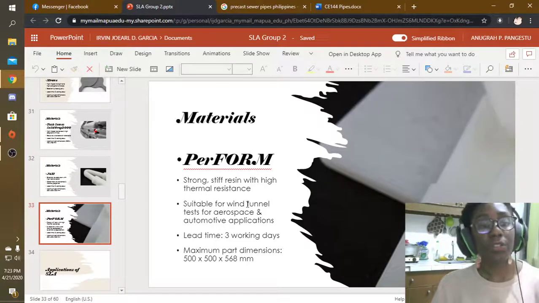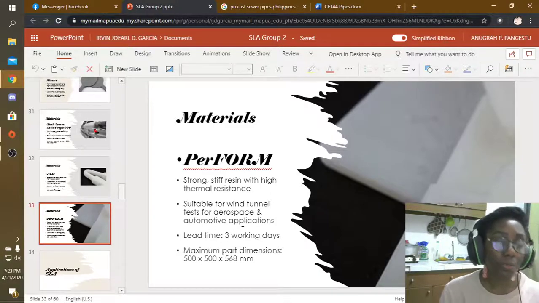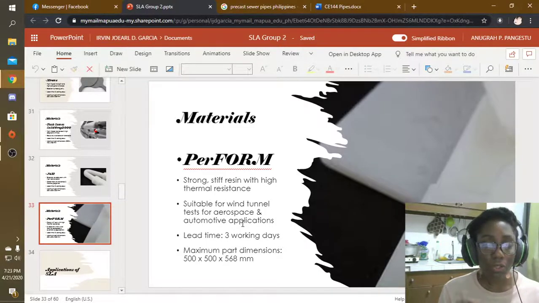So the next material will be Reform. Reform is a strong, stiff resin with high thermal resistance, suitable for wind tunnel tests or aerospace and automotive applications. Before, the Sumo material I talked about is very similar to this one. The difference between this one and Toximo is that Toximo is used for cars, right?